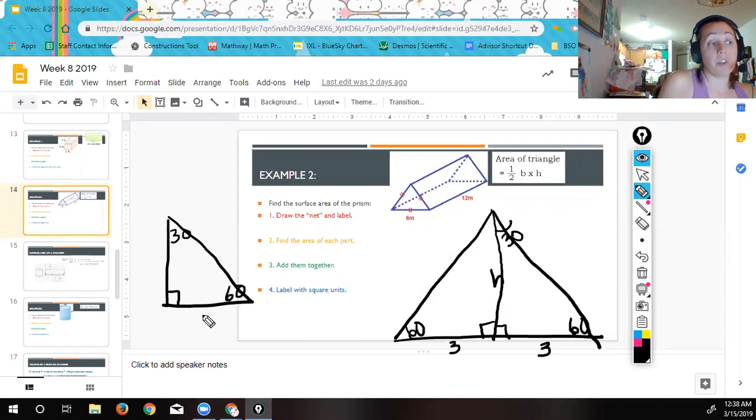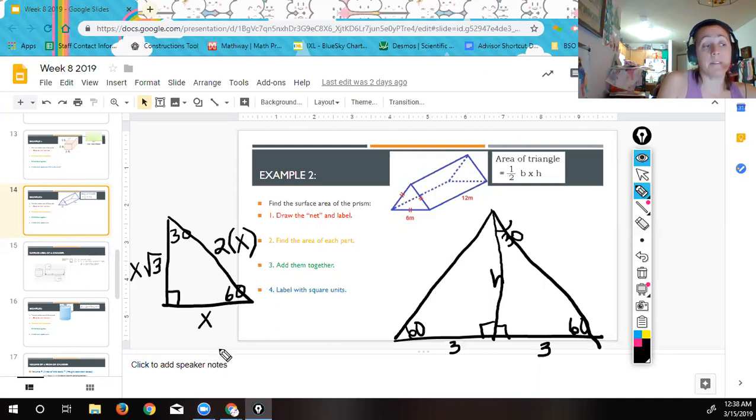Whatever the 30 side is, the side opposite the 60 ends up being whatever's on the 30 side times the square root of 3. And this is a pattern that mathematicians have found long ago. And then whatever the hypotenuse is ends up being 2 times the side opposite the 30.